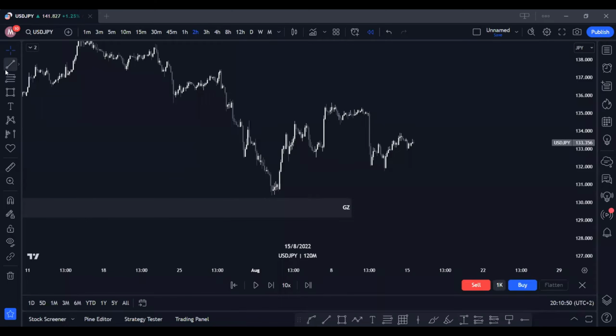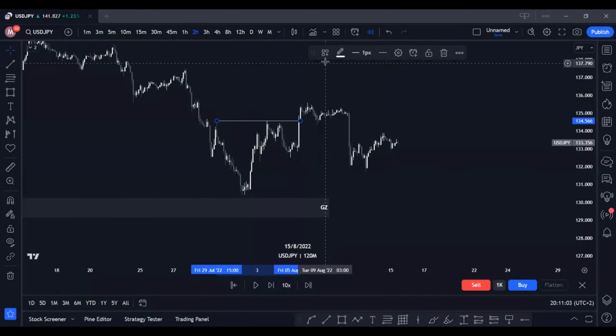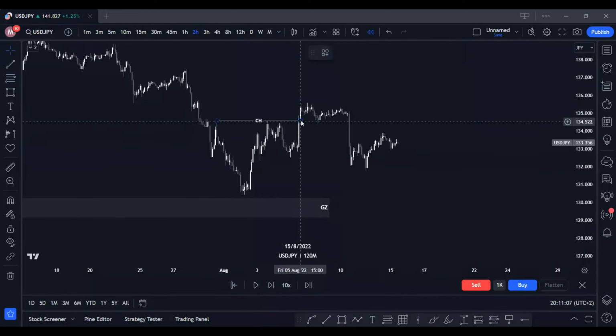Price was in a bearish trend. So in order for price to change trend from a bearish trend to a bullish trend, we need to have a change of character, and that's what we can see we have here. We have a change of character whereby we have this break of structure here.